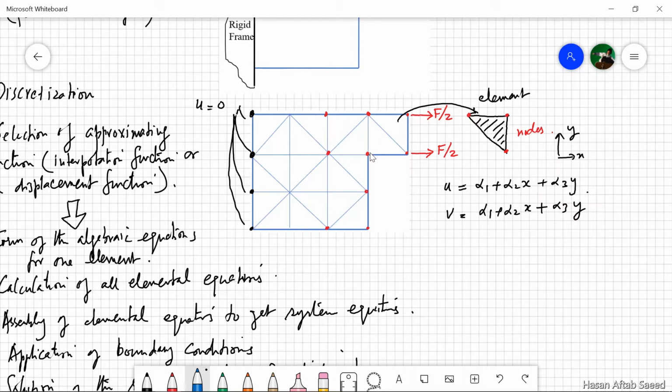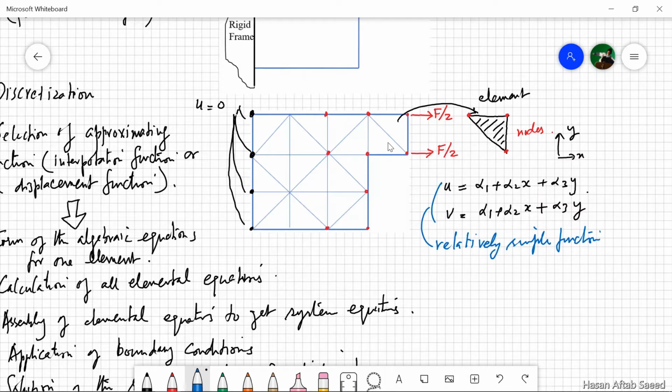So even this element size can be very large for our purposes, because if we are going to select a relatively simple function, in this case linear, but it could be quadratic, but it is still very simple, the gradients could be too high for that. So we may need to subdivide this region further, and we can do it easily in FEM.